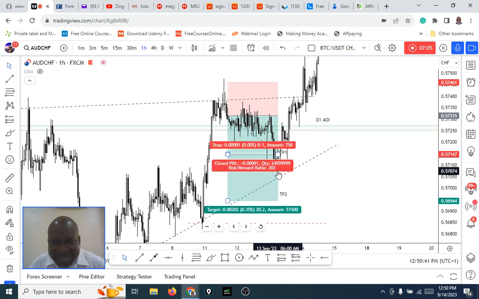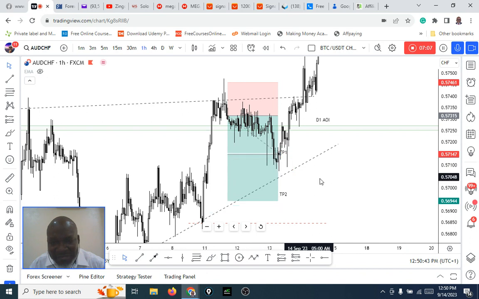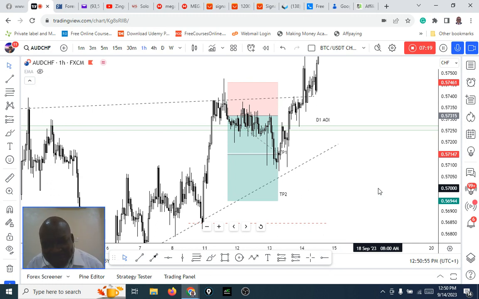By the time you got to your TP1, you would have taken out half of the profit and left the rest to run, and then move your stop to break even, so that by the time the market pulls back, it will take you out of the market in partial profit. It will take a little profit.